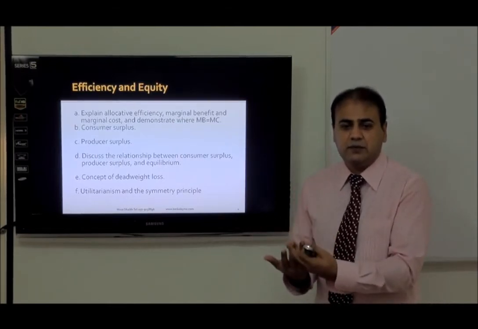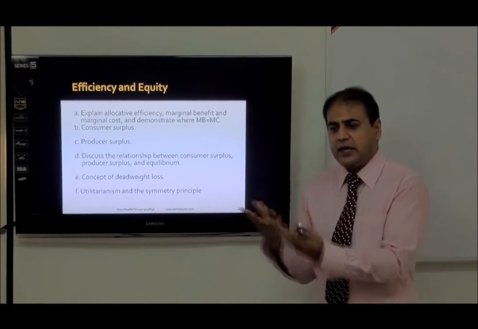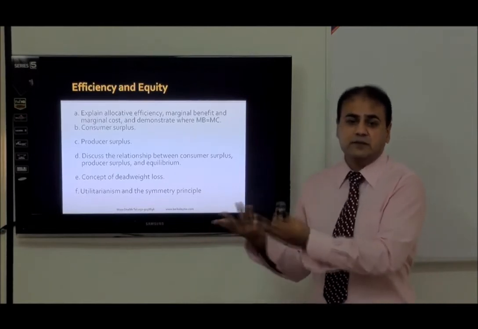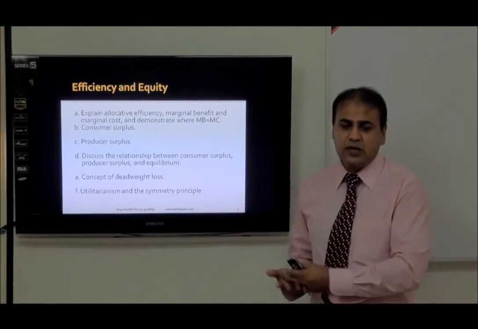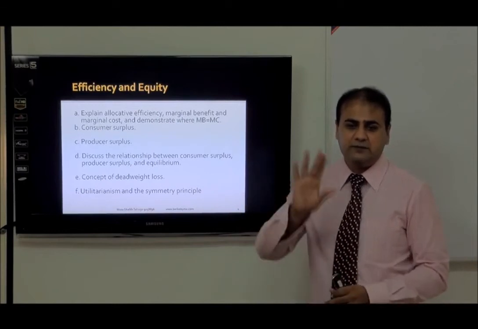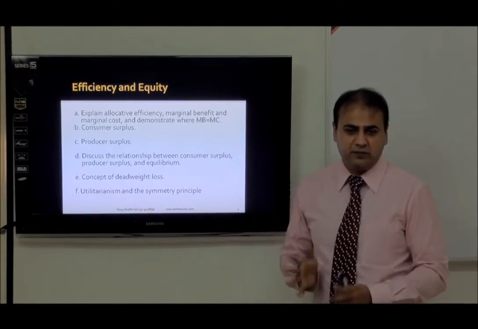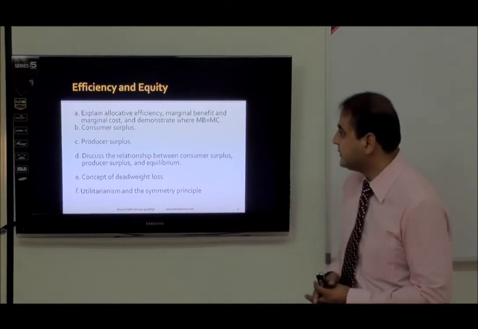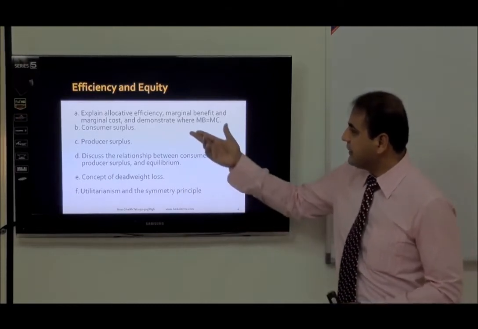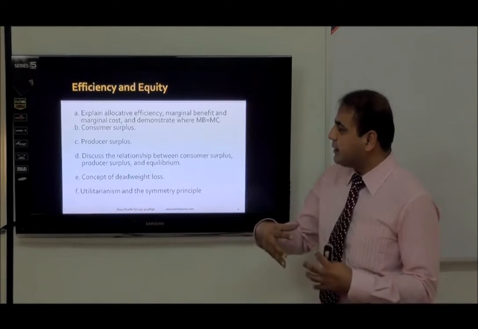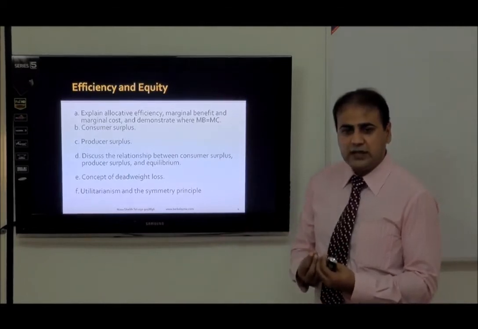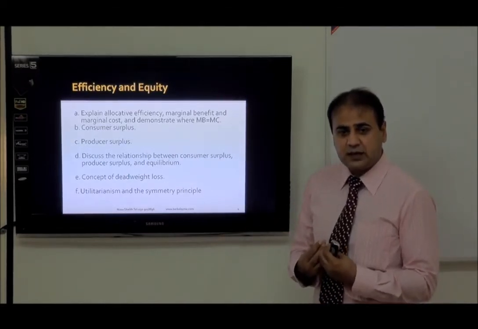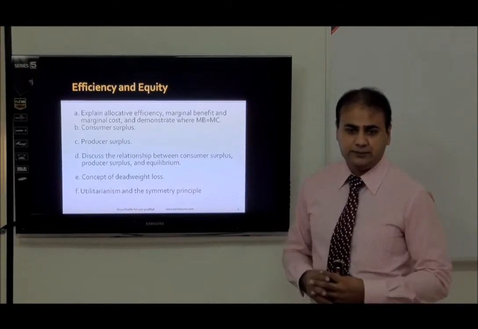It incurs a marginal cost, and every cost should have some benefits. We are in the best place where marginal cost is equal to marginal benefit. This is how we will discuss where we feel that the resources are efficiently allocated.